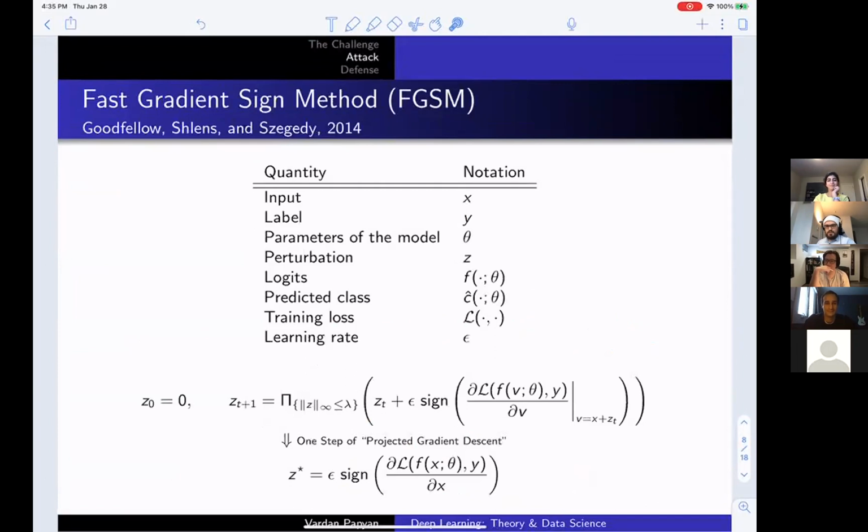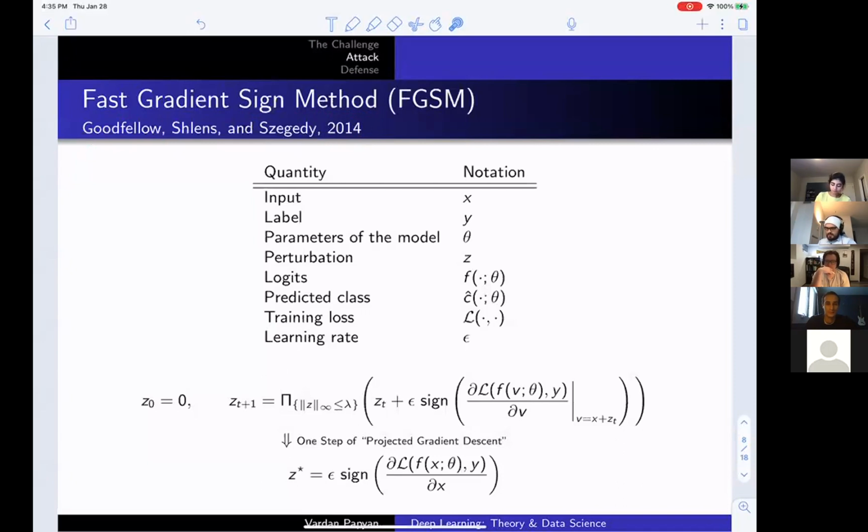Okay. So the next thing that we're going to discuss is something called the fast gradient sign method, FGSM. This is probably the most well-known adversarial attack, proposed by Goodfellow and others in 2014. What the algorithm does is very simple.